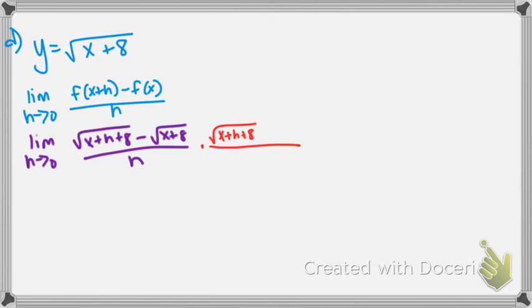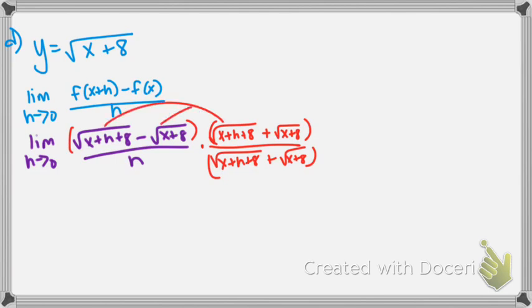I'm going to change that minus sign in the middle to a plus sign in the middle. Okay, parenthesis, parenthesis. I'm only distributing the top. So x plus h plus 8 minus.